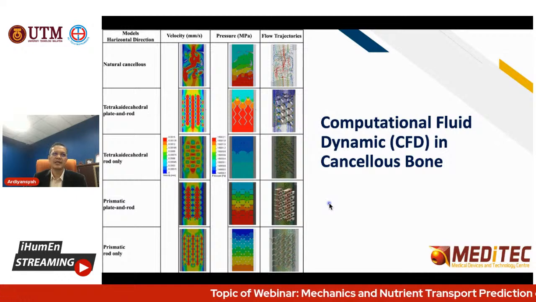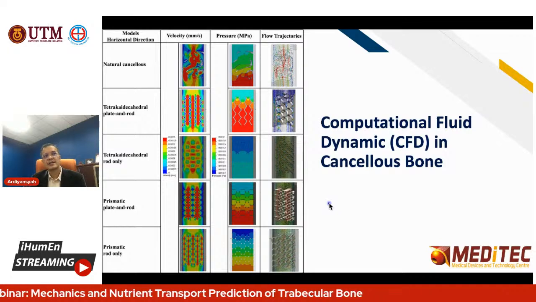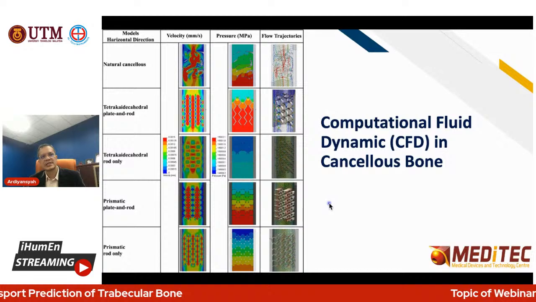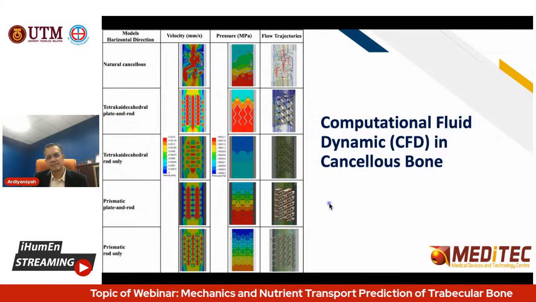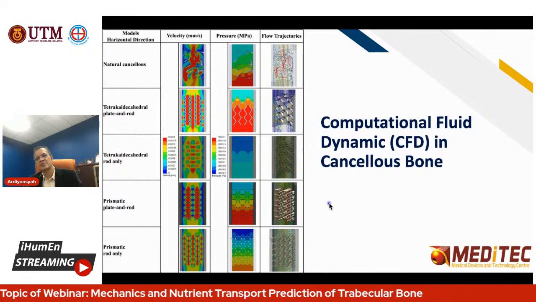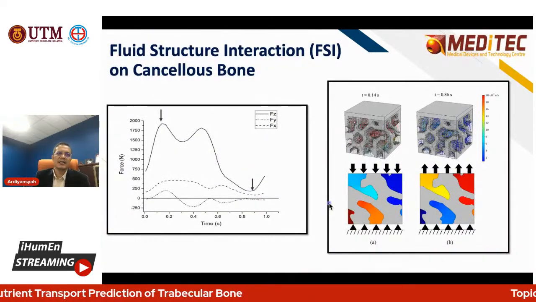Then you can study the flow pattern in cancellous bone, and develop or construct a bone graft or synthetic cancellous bone that is similar to it. You can check the mechanics as previously, and also the fluid mechanics.